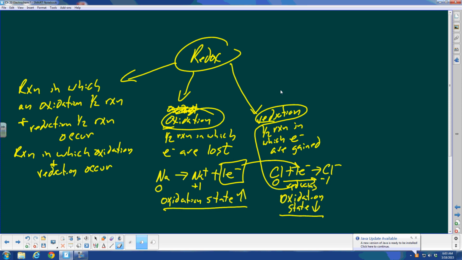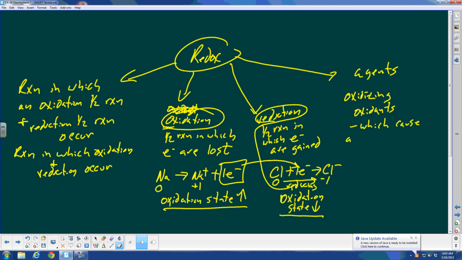Good. So there we have our oxidation and reduction ideas. Now we can have agents. I can have oxidizing agents, also known as oxidants. These are things which cause another reactant to oxidize.